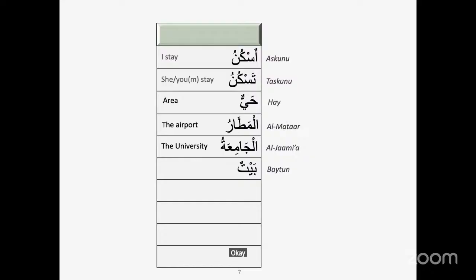The word baytun means a house. Quick question. What does this mean? Aina baytuki? Aina baytuki?